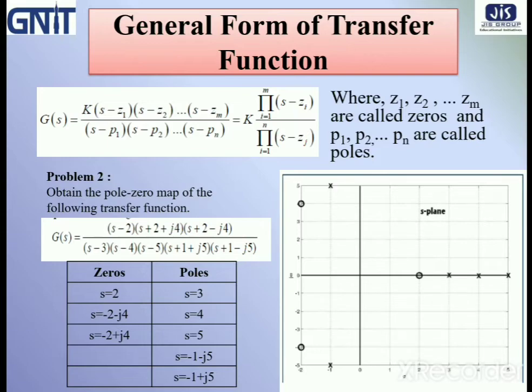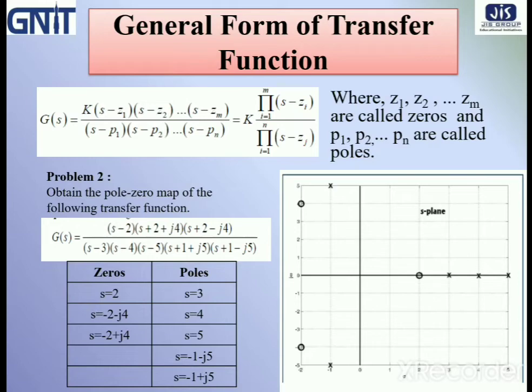Zeros are represented by small circles and poles are represented by small crosses. So just look, where are the locations of zeros? Zeros are at s is equal to plus 2.